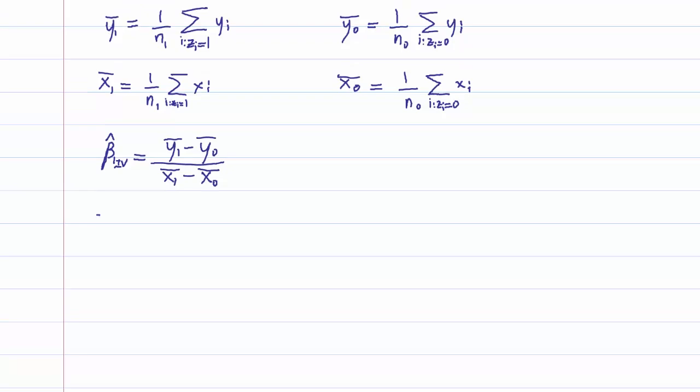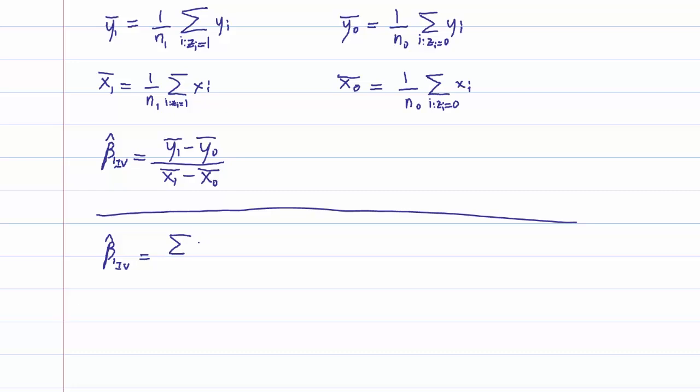So to show that, let's start with the standard formula. Beta 1 IV is just the sum of z minus z bar times y minus y bar, over the sum of z minus z bar times x minus x bar, and I can add the i for more clarity.